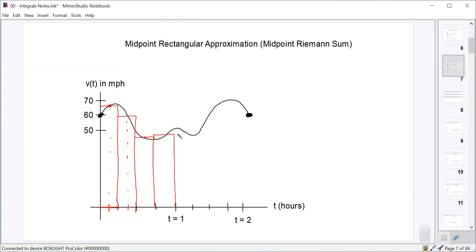And we'll just keep going and doing these until we get over to the end of our last interval. And you can see the parts that are extending over or going under are a lot smaller this time, which means this is going to be more accurate than our left or our right approximation.